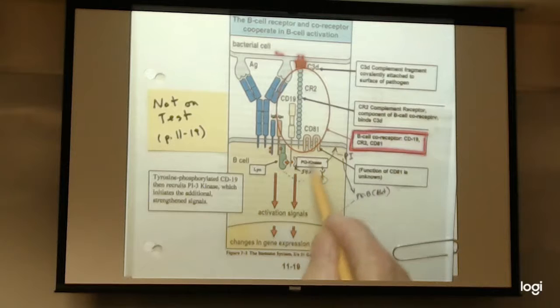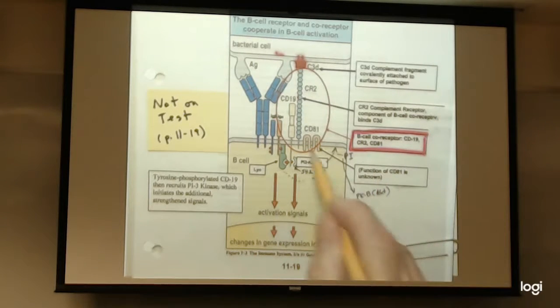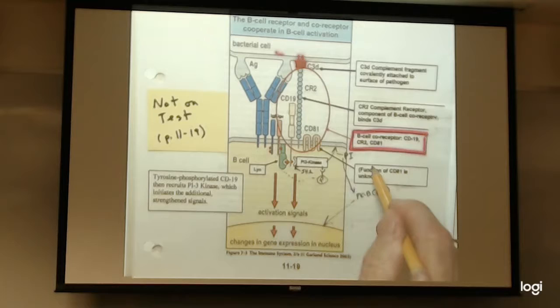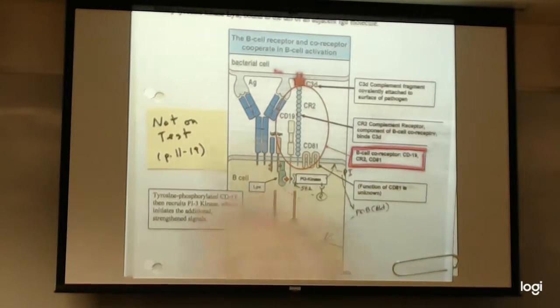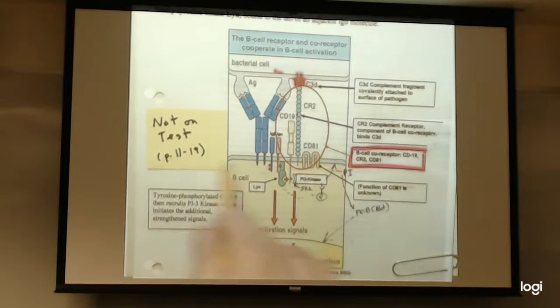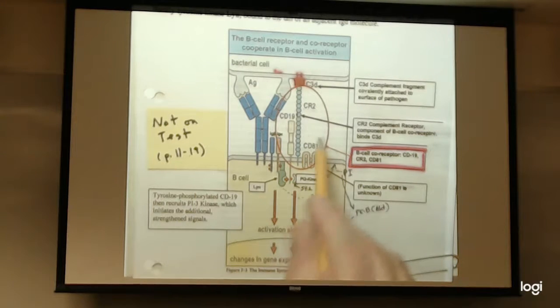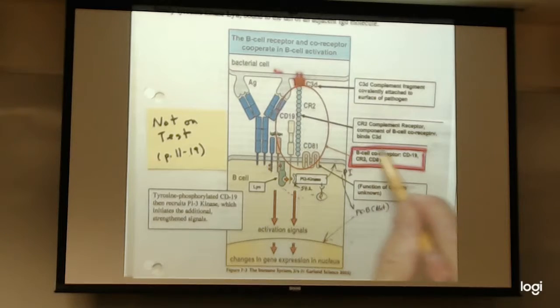We also turn on some other pathways, really not shown here, and we're not going to worry about that. Your book says, at least last time I read your book, that the function of CD81 is not known. So, again, I said in the review last year, not on the test. I maybe will just want you to remember that there is a complement receptor that functions as a B cell co-receptor.